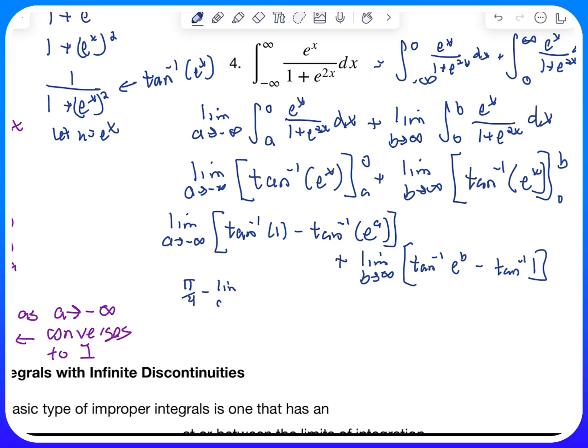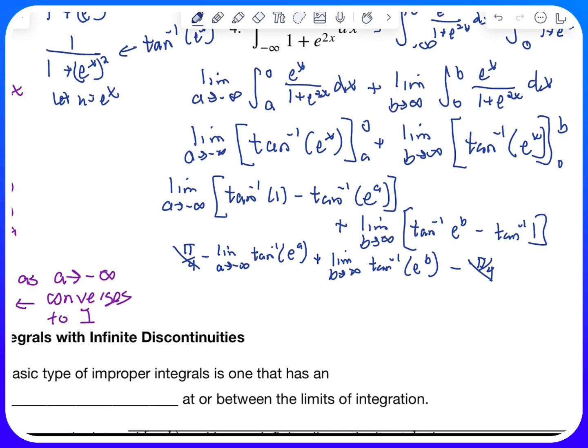So evaluating that, I get pi over 4 minus the limit as a goes to negative infinity of the inverse tangent of e to the a, plus the limit as b goes to infinity of the inverse tangent of e to the b, minus pi over 4. So the pi over 4's cancel out.